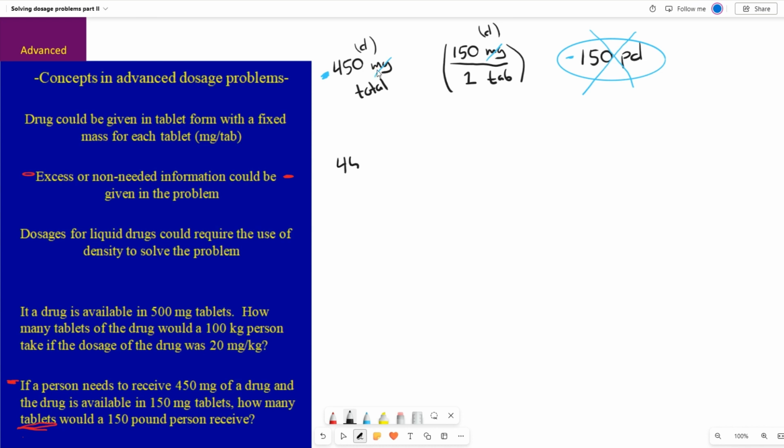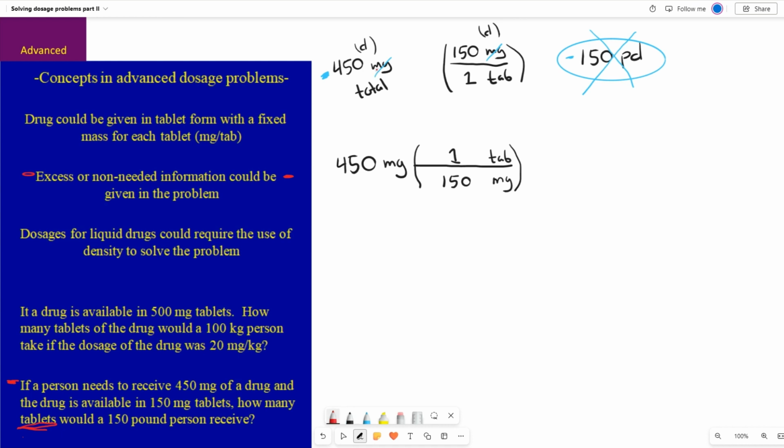So we want to give the person 450 milligrams of drug. We're being asked to find tablets. And the drug is given, so we'll want milligrams of drug to cancel out. We want to end up with tablets. And each one tablet is 150 milligrams.